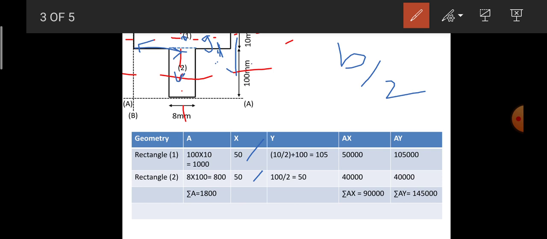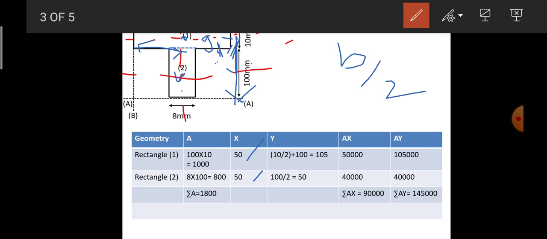Similarly, for the calculation of y, this is a centroidal axis of the individual rectangle 1, so the distance between the reference axis and the individual centroidal axis is taken as 100 from the second rectangle to the reference axis, plus half the depth of the first rectangle.